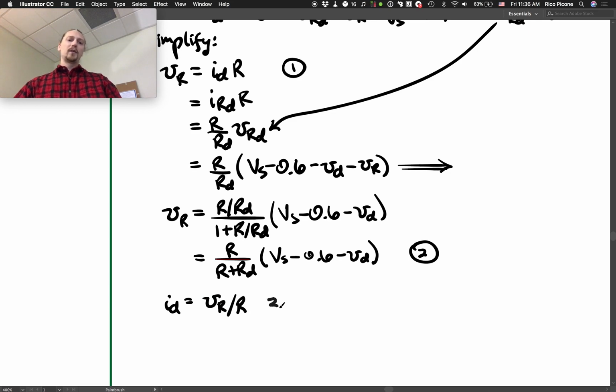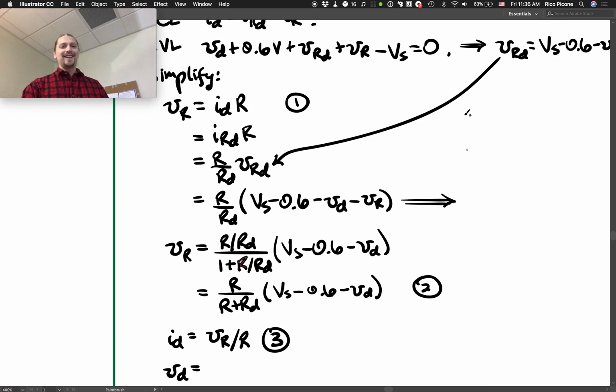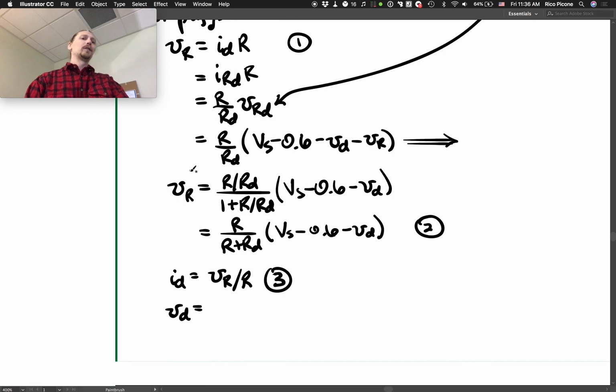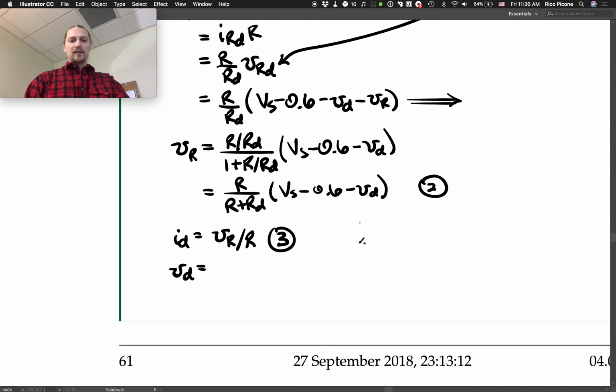So we'll call that equation 3. And now we want a VD equation, and the V's are harder, right? So we can solve this one down here back for VD.